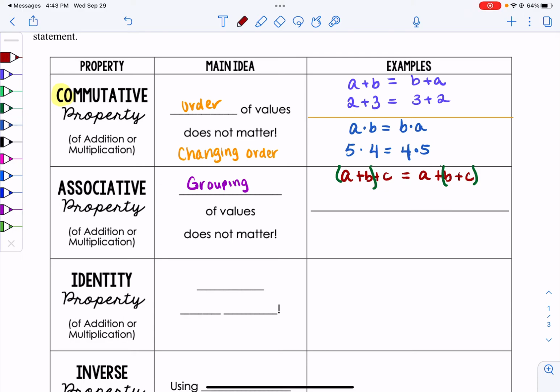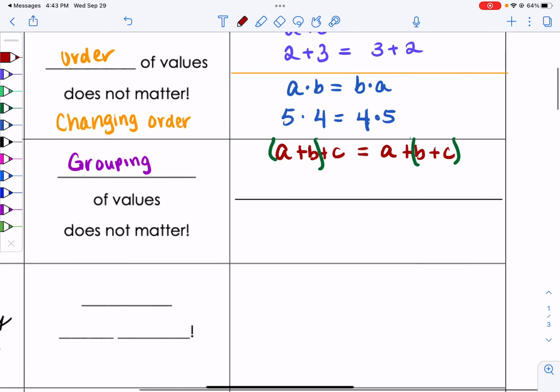If I was doing this with numbers, I can say 5 plus 1 plus 3 is the same as 5 plus 1 plus 3, but I'm going to put parentheses around my 5 and my 1 this time, and then around my 1 and my 3. The exact same thing works with multiplication.